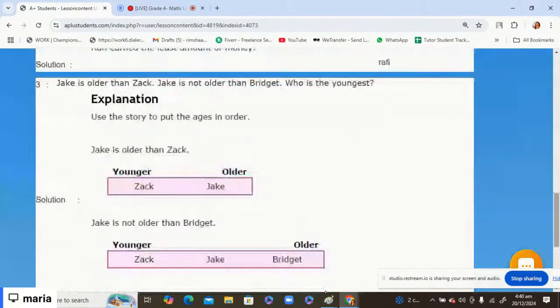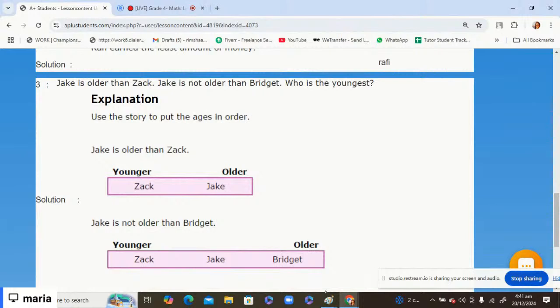All right. Jack is older than Zach. Jack is not older than Bridget. So Bridget is older than Jack, and Jack is older than Zach.